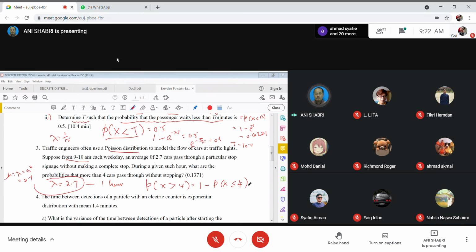After that, look T is equal 4. We can get the answer. 2.7, number 4. The answer is 0.1371. Okay, the number 4.